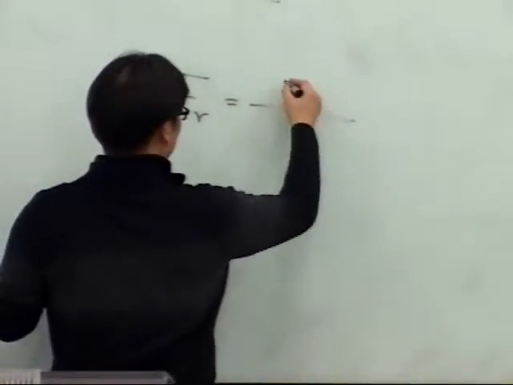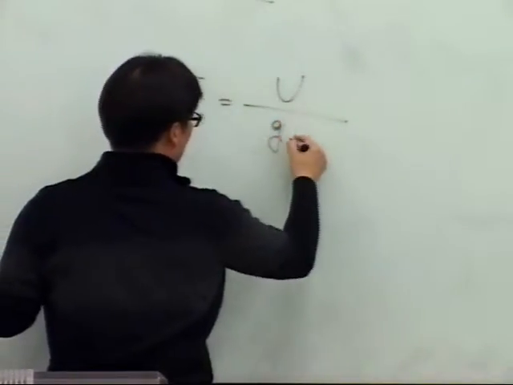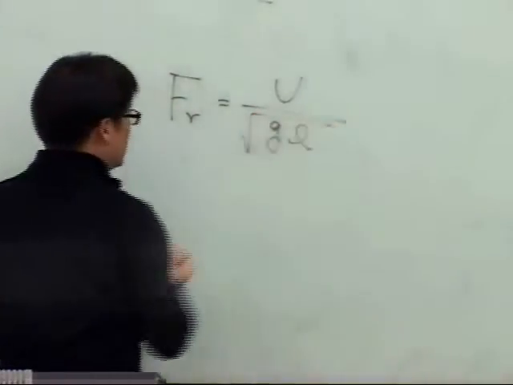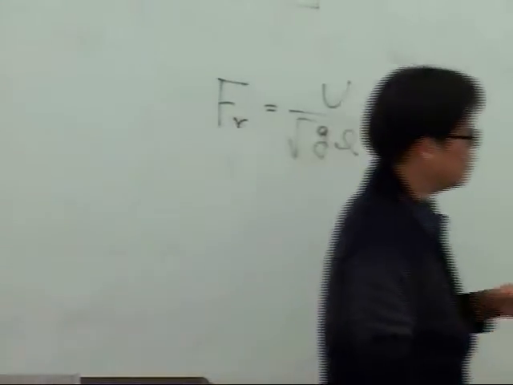Another dimensionless parameter that we have is the Froude number. The Froude number is defined by U divided by the square root of gL. So this is 1 over Froude number squared, as I wrote earlier.